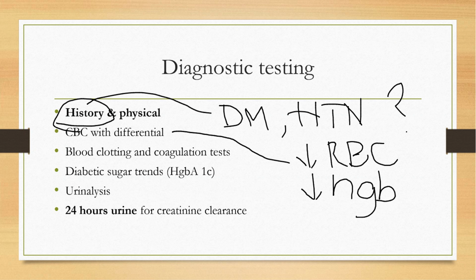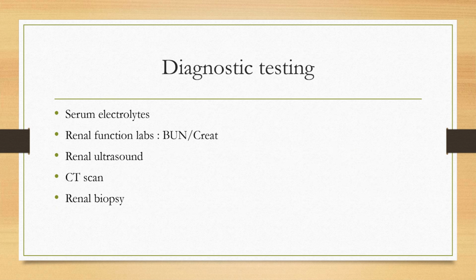A lot of times in like World Kidney Day, they'll have this set up in various areas, and patients can come in and have their urine dipped to make sure that there's no protein, and if there is, then they should be followed up on. And then we talked about creatinine clearance and why that would be necessary for someone who has potential chronic kidney disease. Okay, we talked about these things for our fluid and electrolyte lecture.